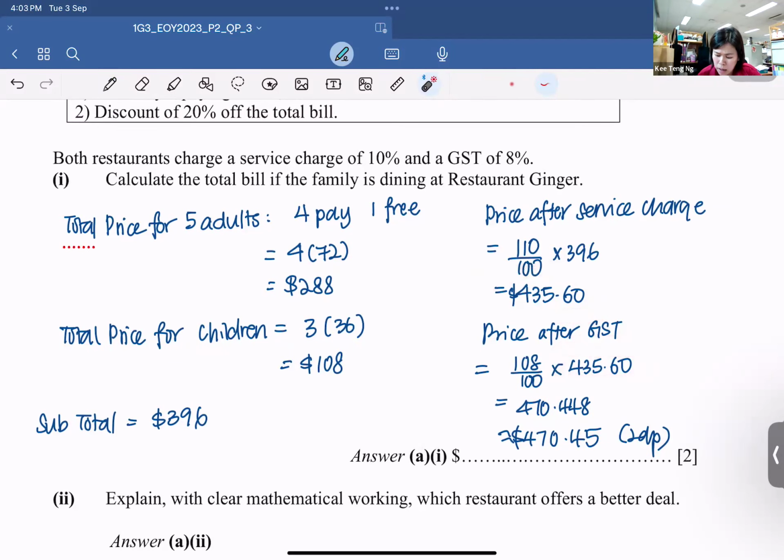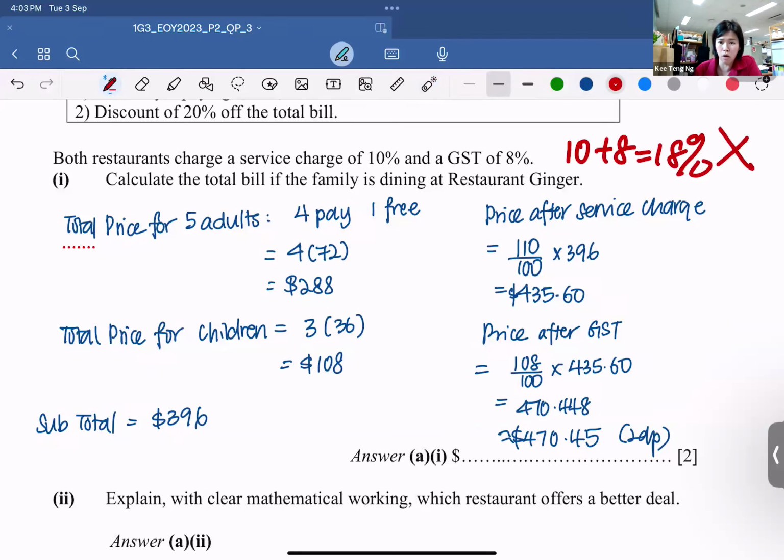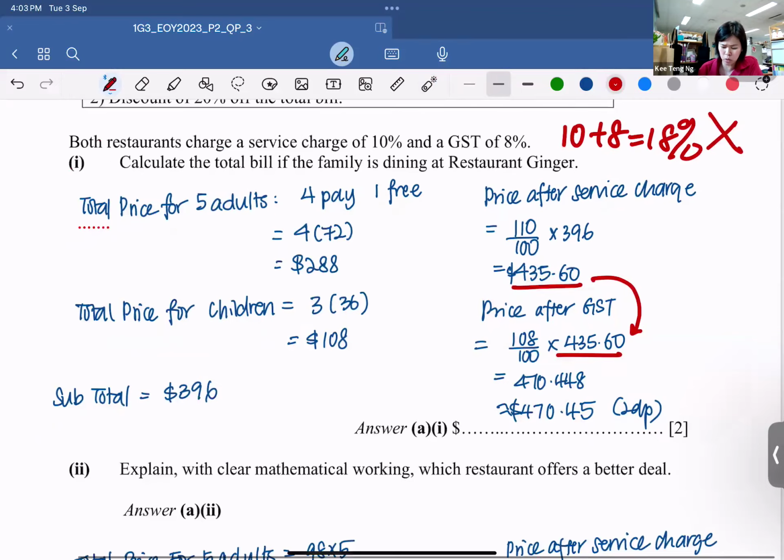I will usually calculate the service charge first. After the service charge of 10%, then I do an additional 8% on top of that number. So please do not use 10 plus 8, 18%. This is not correct. So you must find this one. Please take note.